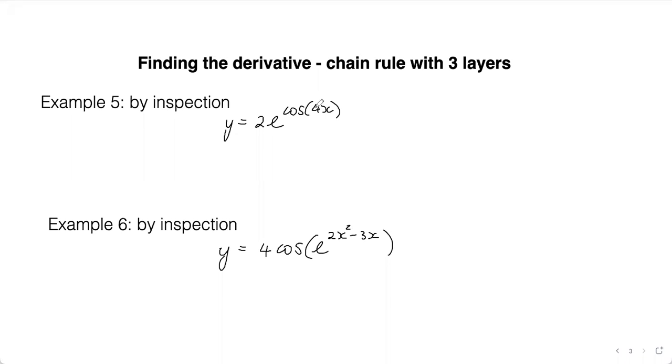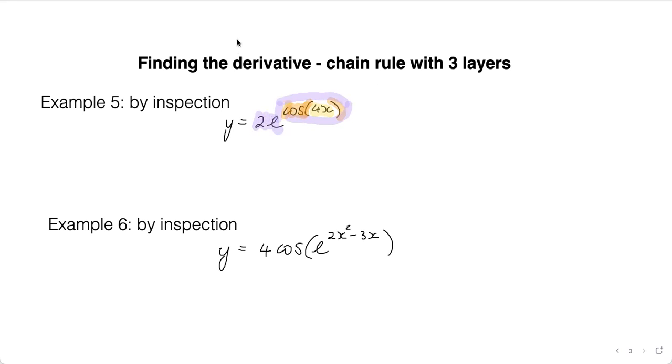So our very inside function is this 4x. And the 4x is sitting inside this cos function. But that cos function is sitting inside this 2e to the power of that function.